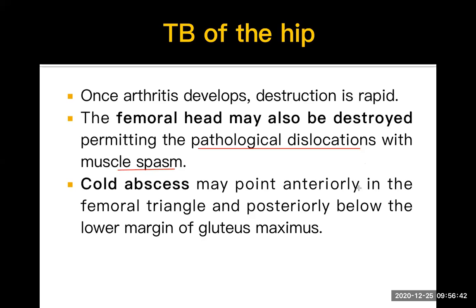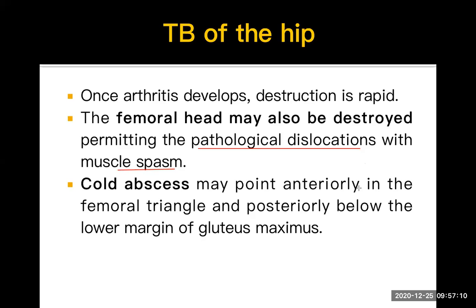Absolutely right. Remember, we have studied hip dislocation, shoulder dislocation, elbow dislocation, and even knee dislocation. The most common cause is trauma, severe trauma. But here, even slight trauma may lead to dislocation, or sometimes there is no trauma at all, because of the severe damage to the joint by this disease, and then dislocation can occur.